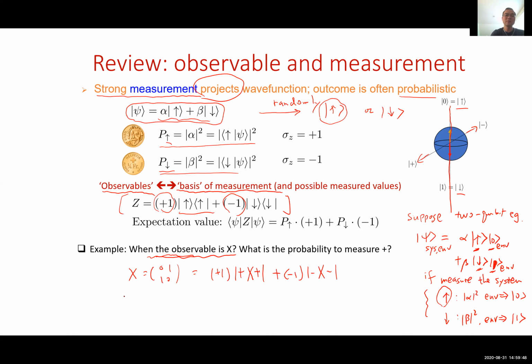And the probability of measuring plus is basically taking the wave function as a vector and then dotting it into the plus outcome. And the probability of measuring minus is taking this wave function dotted into the minus. So this also shows that using Dirac notation is really useful, and you can immediately see that. Okay, any question?